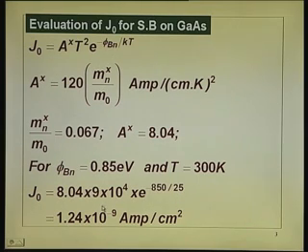When you evaluate it, it is about 10 to the power of minus 9 amperes per centimeter square. This is the range we see in the case of gallium arsenide. You can see it is excellent in terms of the leakage current, etc.